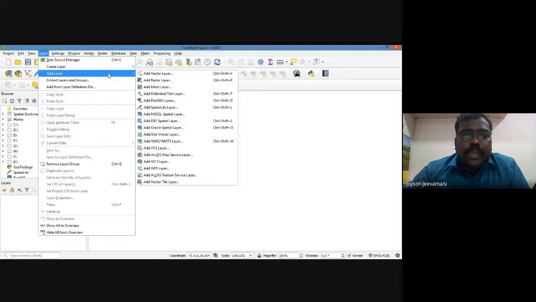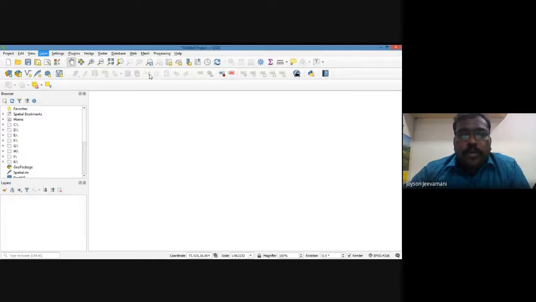There are many layer types. Ours is a shape file, which basically contains lines and polygons, so it is a vector layer. Raster layers mean imagery and photos. Right now I am going to use the vector layer, so click Add Vector Layer.